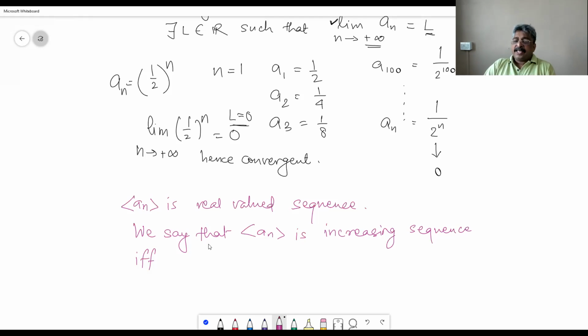When will we say that An is an increasing sequence? If and only if An plus 1 is greater than or equal to An.